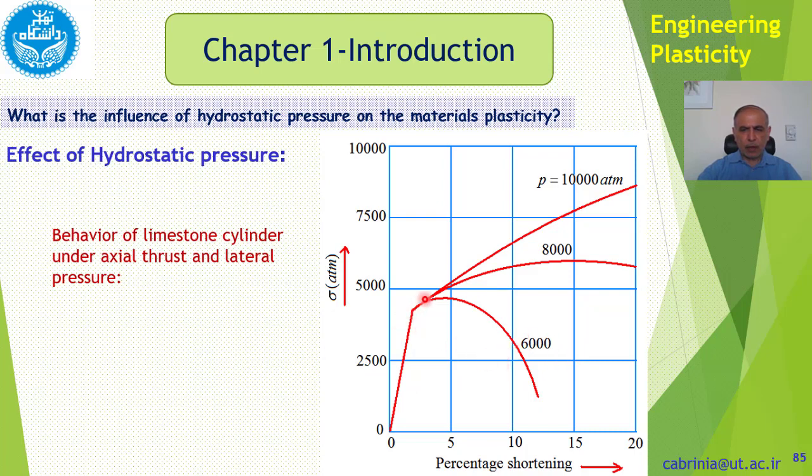Now, in here, you see that the material almost behaves like other materials because it reaches a maximum, a yield point, a maximum tensile strength, and then it decreases and breaks here. At 8,000, it doesn't break, but still it decreases here and reaches there.